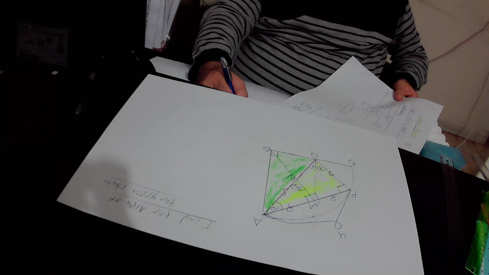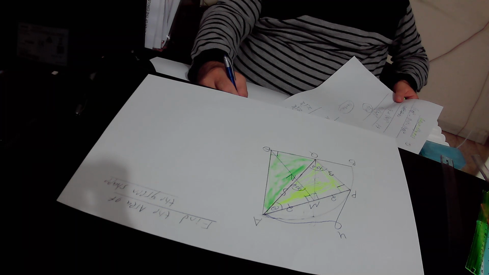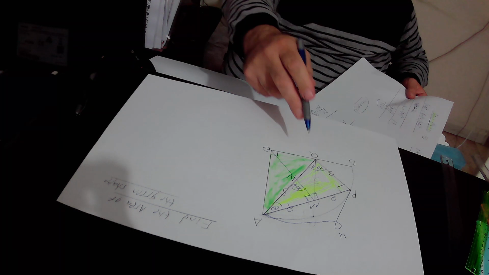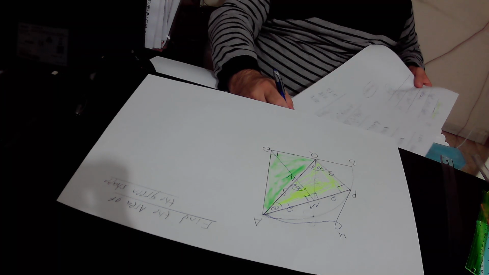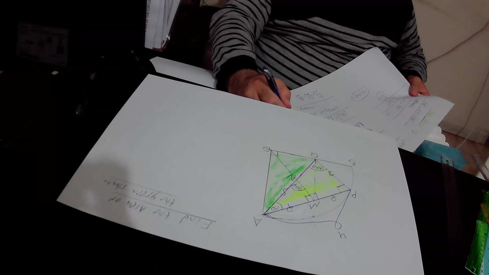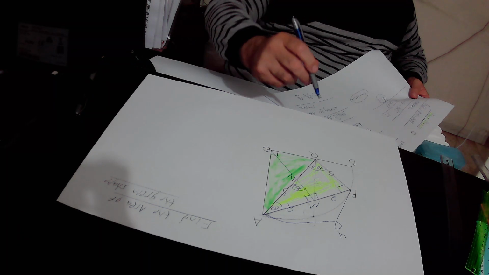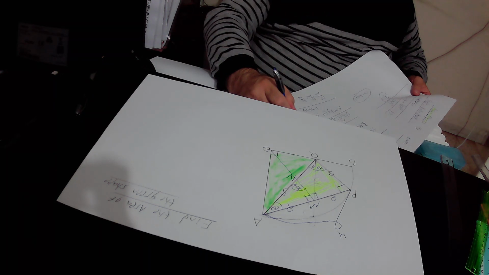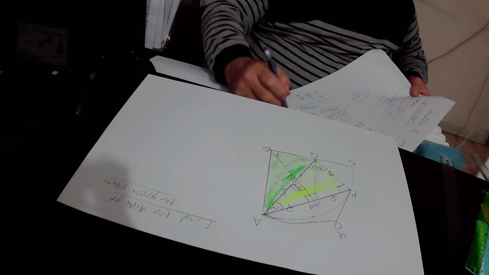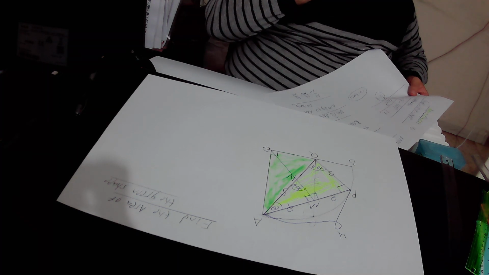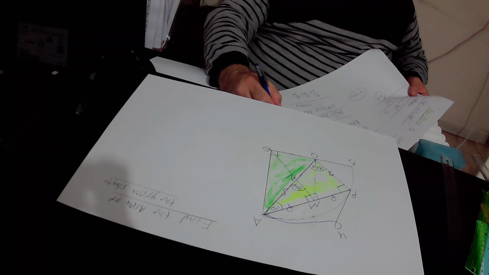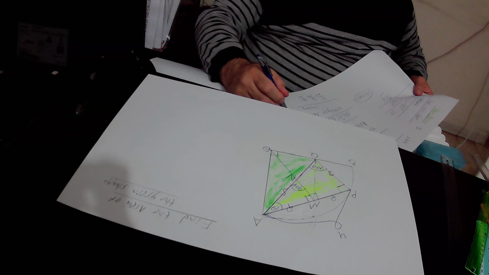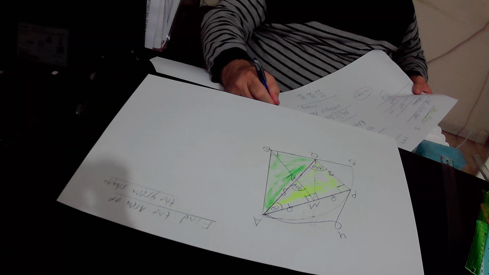So actually, AP equals 4 units. So we substitute AP by 4 over AM, which is 2. So it is 4 over 2, and it is equal to PQ, which is 3 units, over MN. MN is unknown, so we leave it as it is.